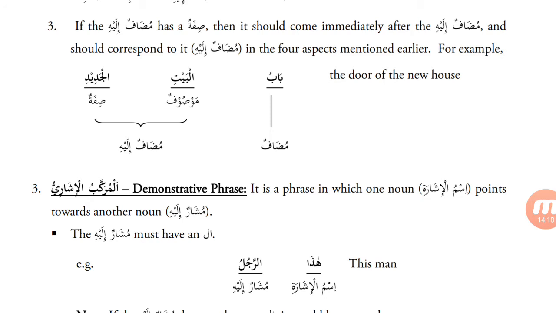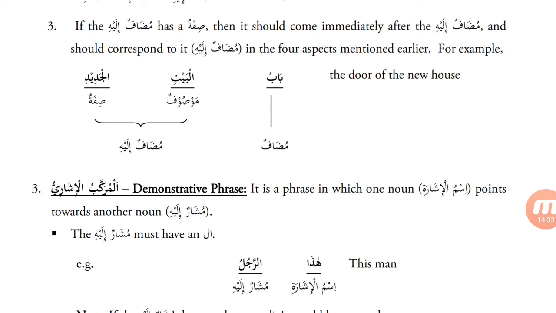Here the mudaf ilay is al bayt, and it is also mawsoof because it has a sifa coming after it, which is al jadidi. So al jadidi is the sifa of al bayt.